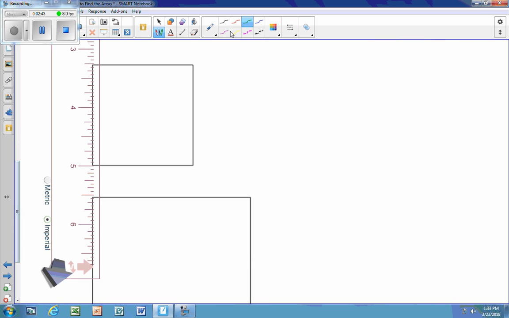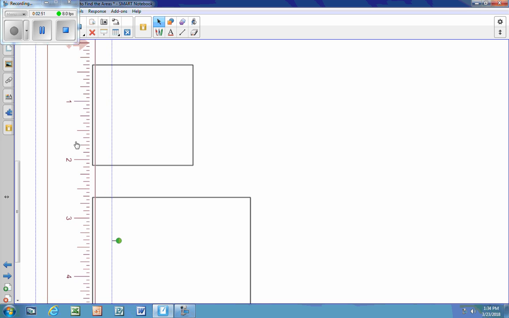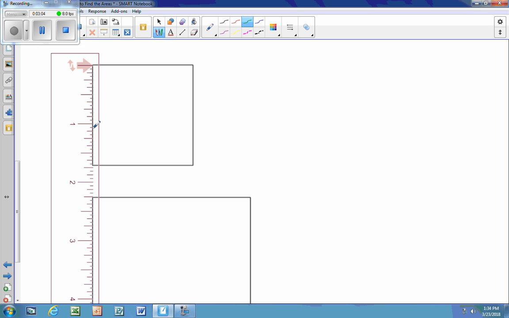And next, we go down to the next one. And we're going to move the ruler and measure it. So we see that we are 1 and 1, 2, 3, 4, 5, 6, 7, 8, 9, 10, 11, 12.